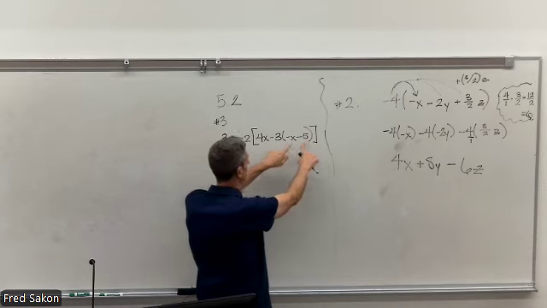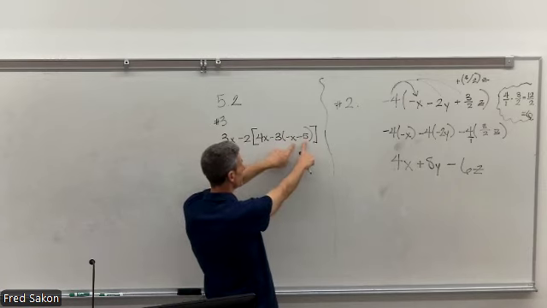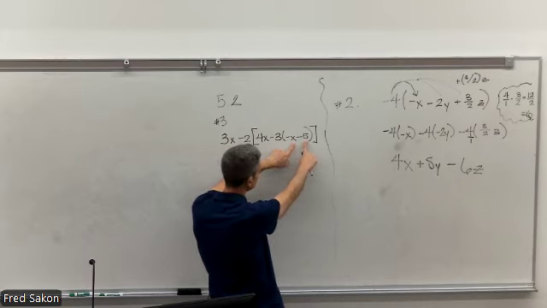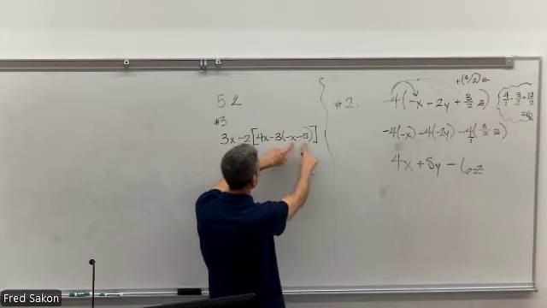Start with your innermost. Can we combine these? Negative x and negative 5. Can't combine a number with a variable. This is a constant. This is a variable. So leave them alone.